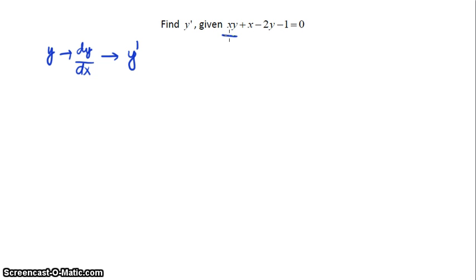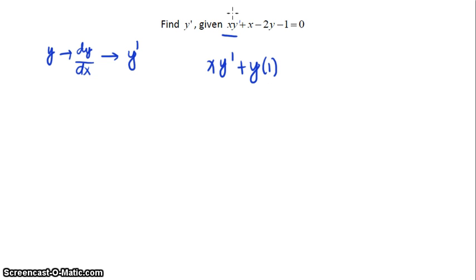First, xy should be seen as a product of two expressions. Therefore, you have to differentiate this using the product rule. So by the product rule, x times the derivative of y, which is y prime, plus y times the derivative of x, which is 1.